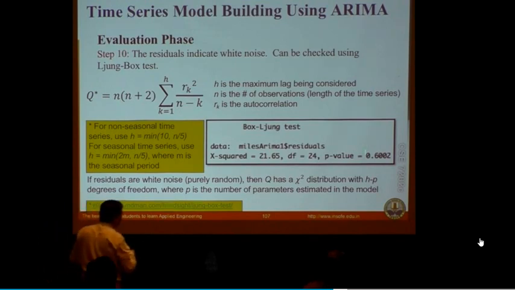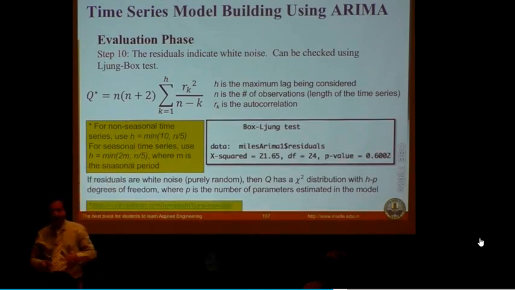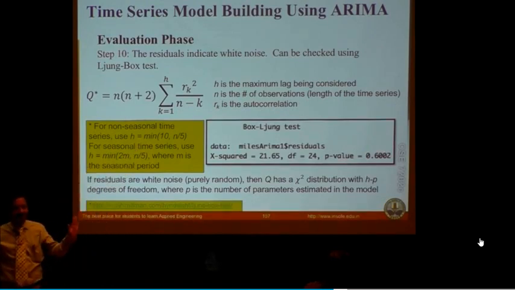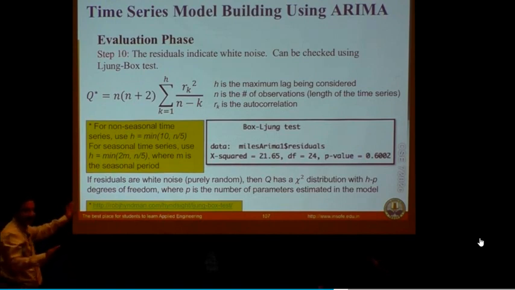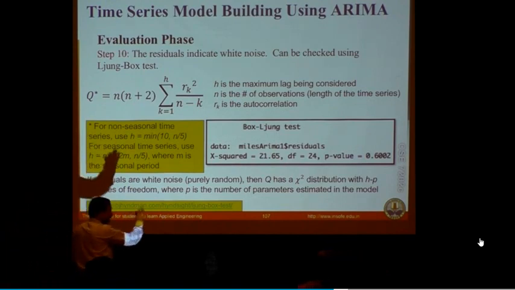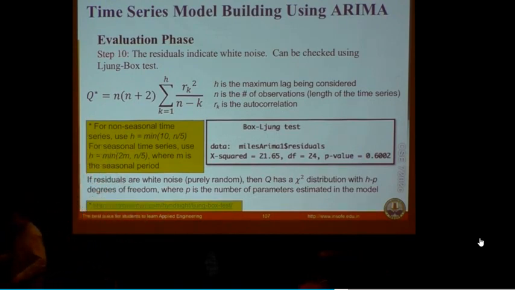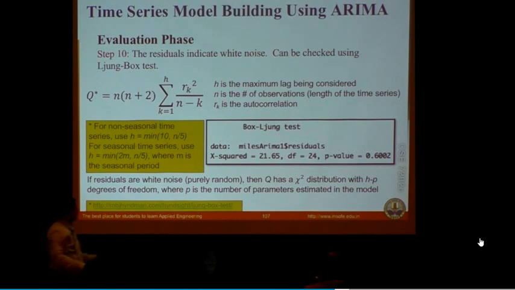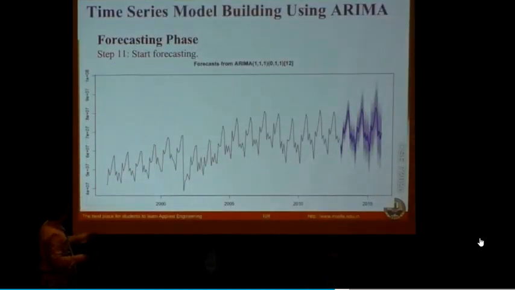So you cannot reject the null hypothesis. Autocorrelations are all 0. This is randomness, so that's what it should be. White noise. Great. You keep taking a look at ACF and PACF. Don't do this. And start forecasting.